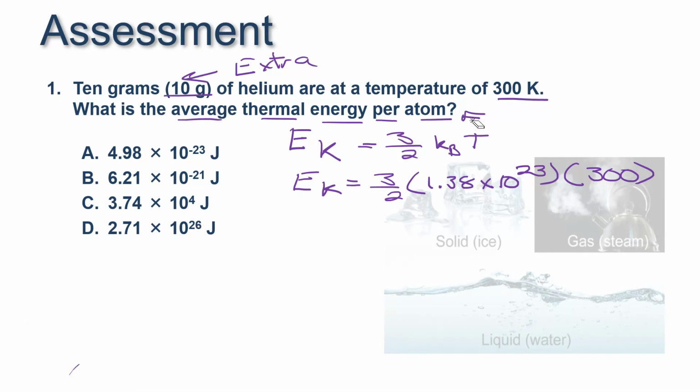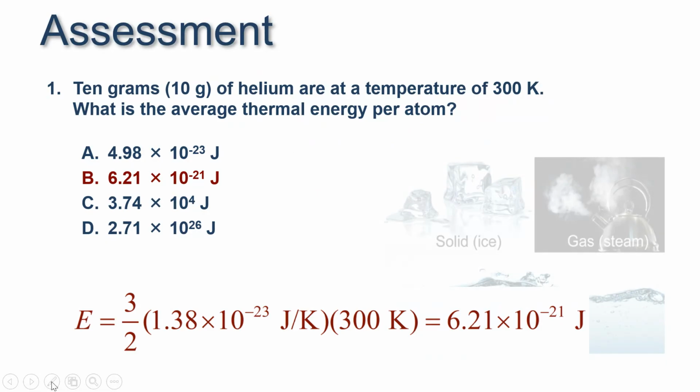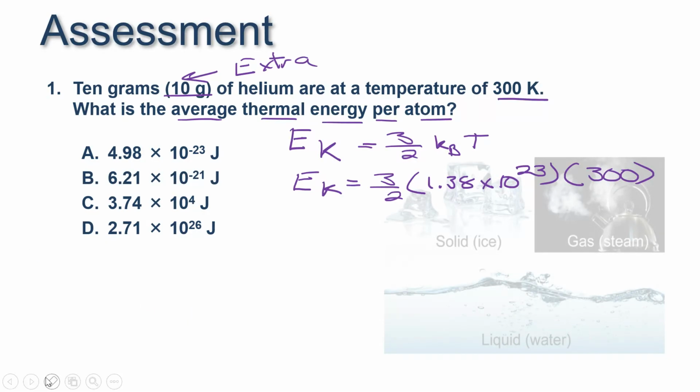Now, if they wanted to know how much energy I had total, because this energy is per atom, I'd have to go back and figure out how many atoms I have in 10 kilograms of helium, which is a lot.